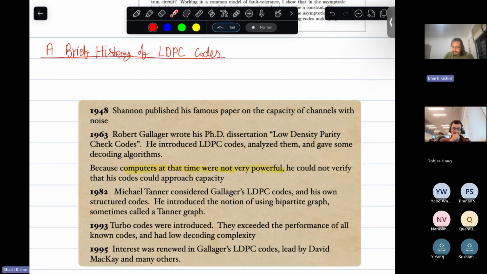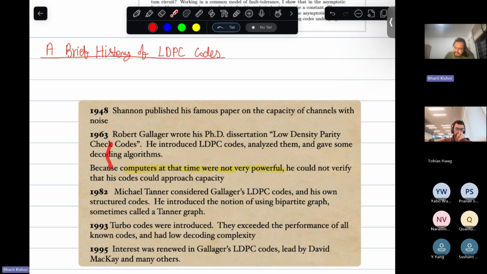Then in 1982, Michael Tanner considered Gallager's LDPC codes and introduced the notion of a Tanner graph, which is used a lot to talk about which bits you want to measure the parity for. Even in the quantum case, we have this quantum Tanner graph and so on.